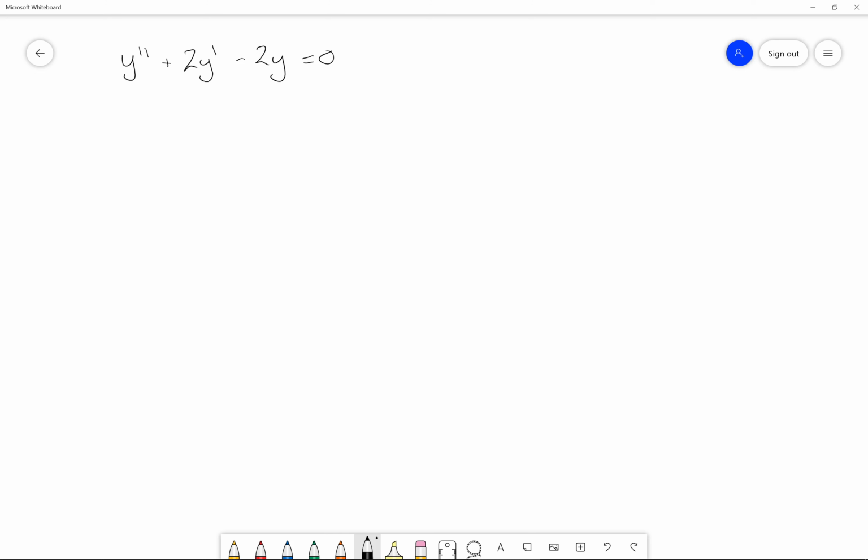Now we can go straight to the characteristic equation. So m squared plus 2m minus 2, since we made the assumption that y equals e to the mx. So basically this must equal 0.